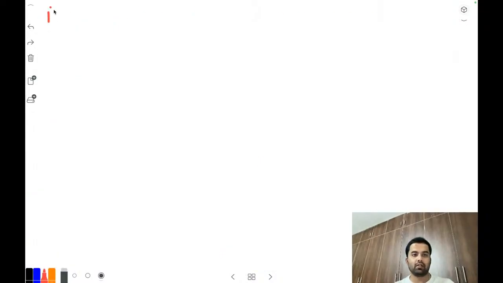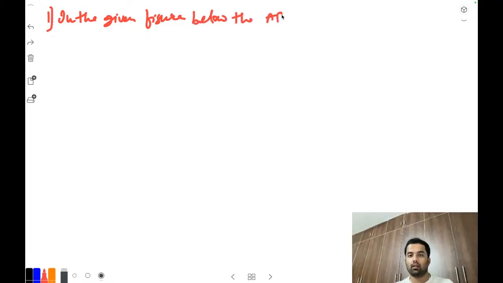Now let me mention the first one, section C. Okay, the question is a little bit lengthier, but still try to copy this. Here in the given figure, AB is a tower of height 50 meter.